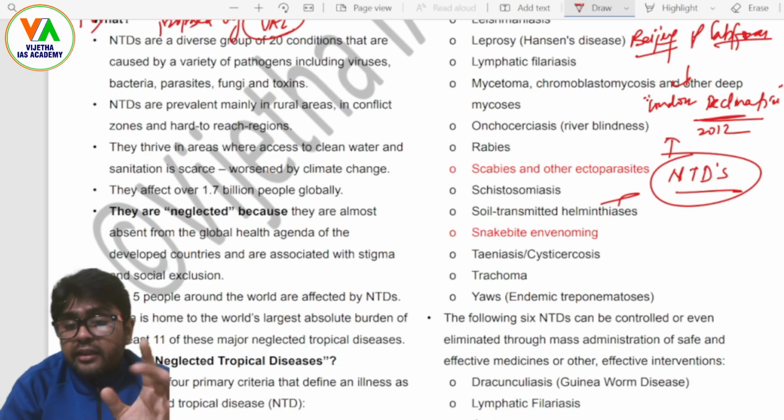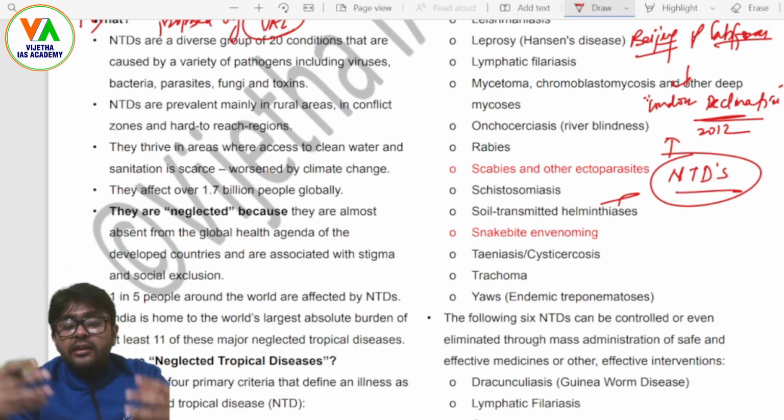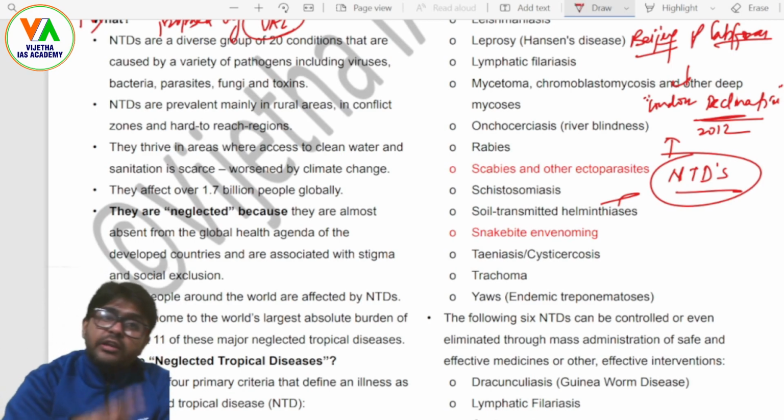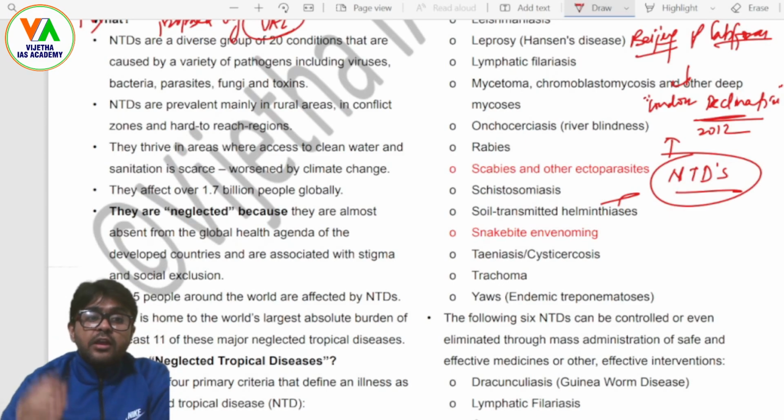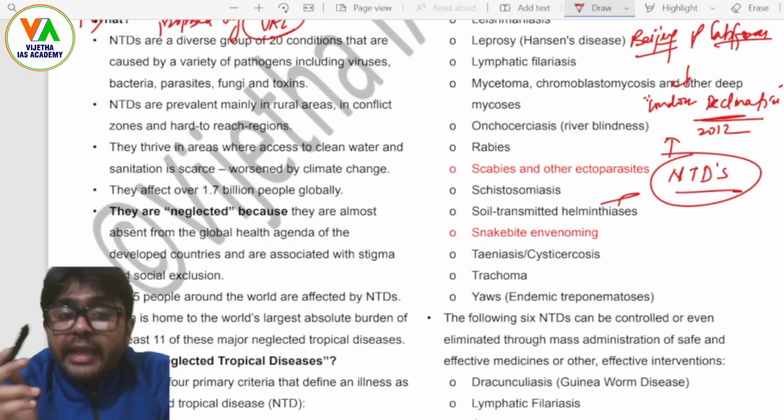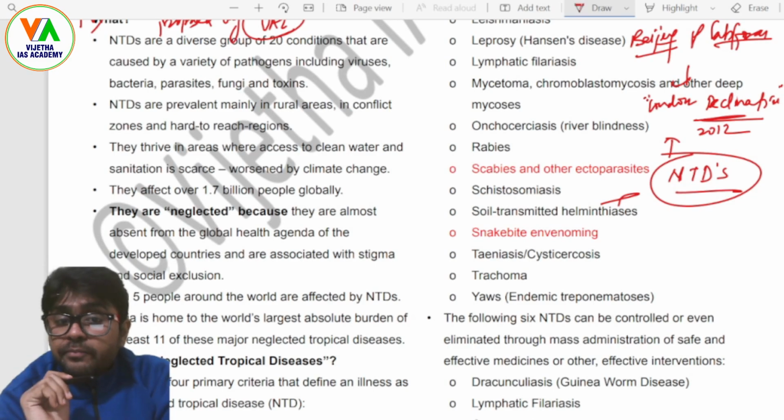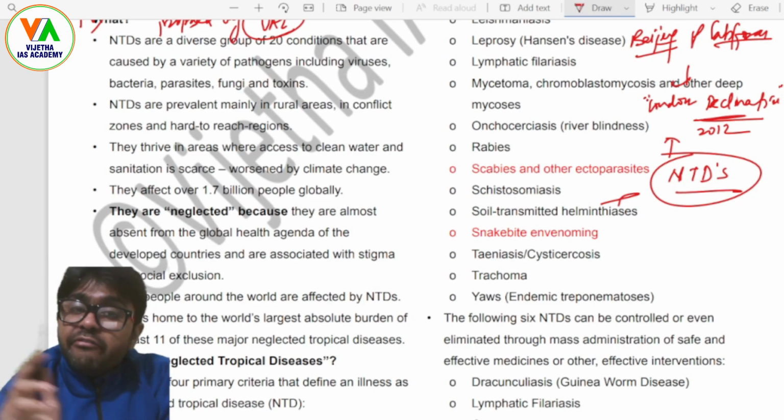And if we can do a multi-integrated approach, then only can we work in this direction, right? And from externally driven agendas to programs that are country owned and country financed, right?